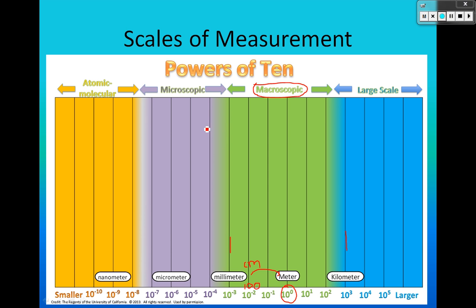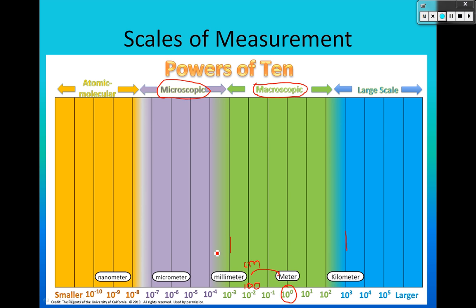The scale below the macroscopic, below what we can see, is called the microscopic. And those are the things that we can see generally with microscopes. There are names, just like we have centimeter, decimeter, hectometer, for all of these 1/10 intervals here, but we don't really use them. We go in chunks of 3.